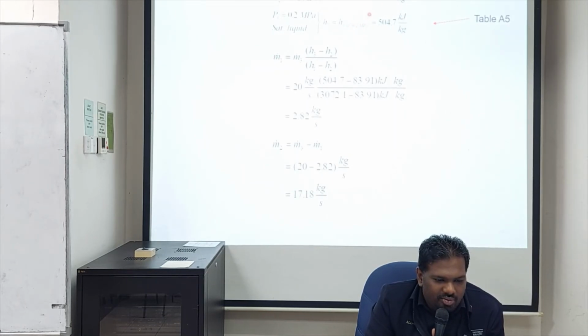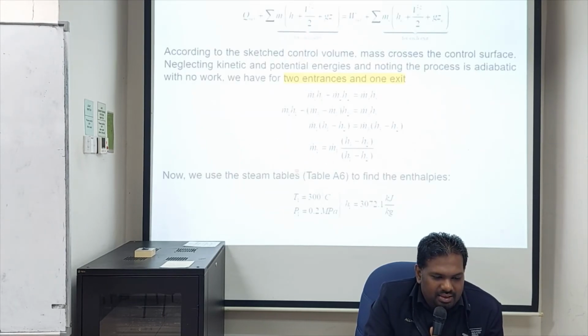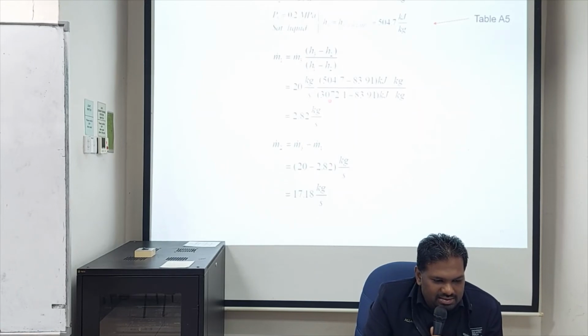Okay, so semua value dah dapat, H1, H2 and H3. Then you replace in this formula yang you dapat dekat sini. Okay, this is the formula that you already got. Okay, so you replace, then you get M1 equals to 2.82 kilogram per second. So that's the mass flow rate.